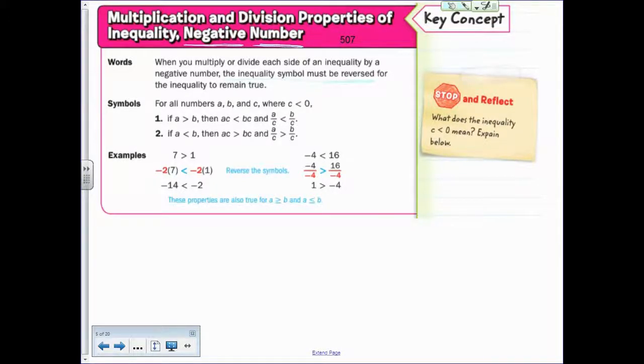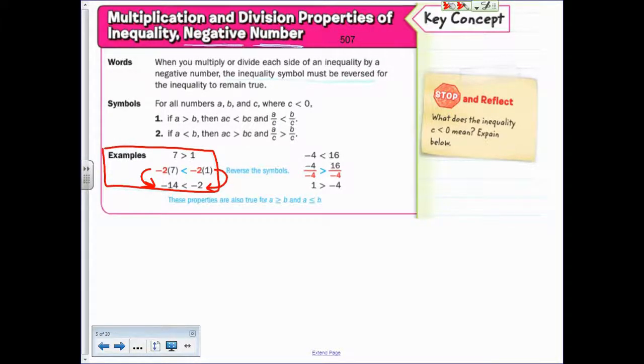Take a look at their examples here. And I think I'm going to change my color of marker. It says 7 is greater than 1. Negative 2 times 7 equals negative 14. See what happened there? Negative 2 times 1 equals negative 2.